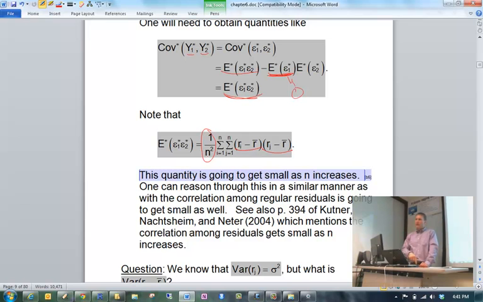So that's why for a large sample size, as long as it's not a small sample size, it's not going to matter. And you often see this discussed too in a regression class when you're just doing regular regression analysis about the correlation amongst the regular residuals themselves, like E1 and E2. That you don't usually worry about that too much because it's going to go to 0.